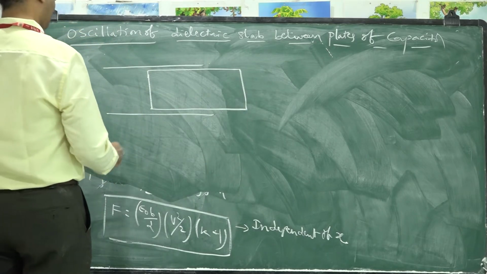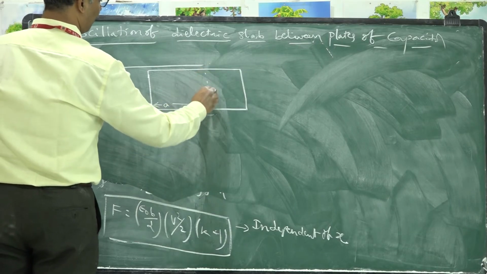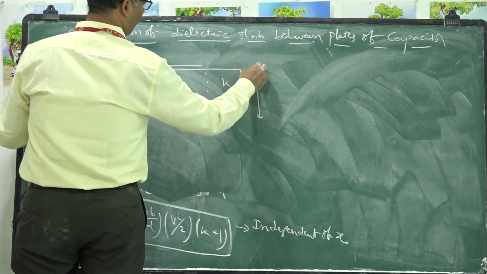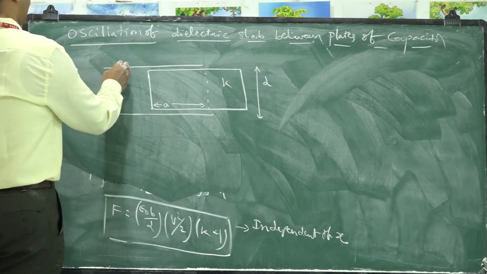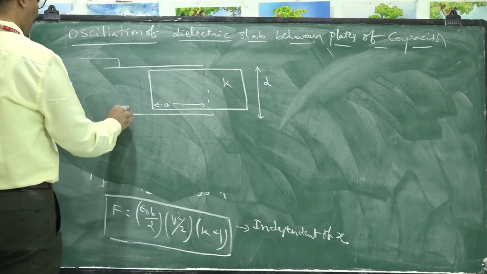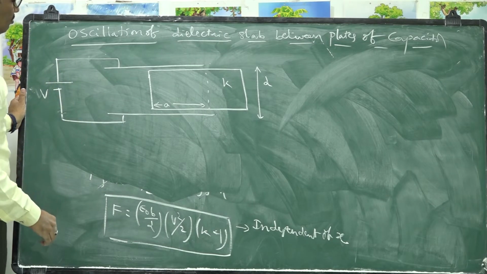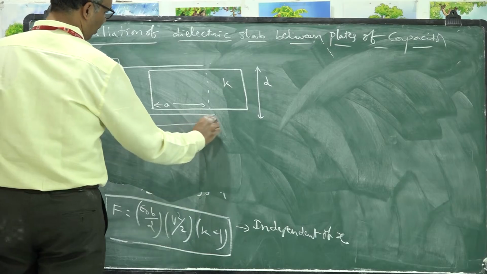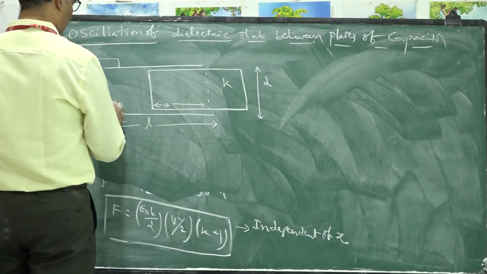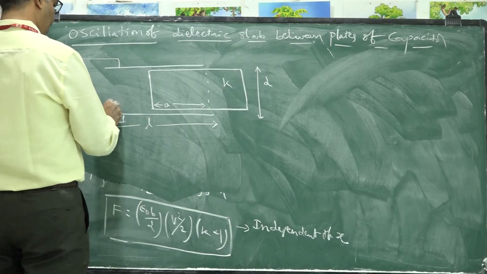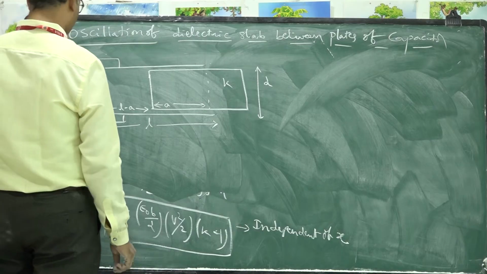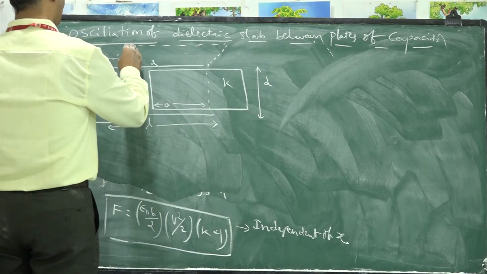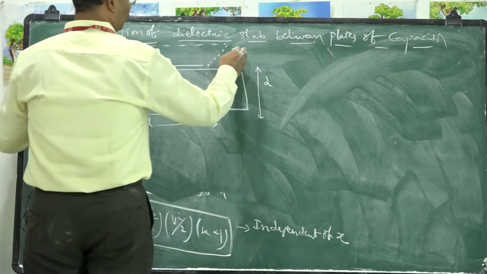The portion of the dielectric available inside the capacitor, let me take it as A. Its dielectric constant is K. The separation between the plates is D. And it is still connected to the battery of potential V. The length of the capacitor plate is L, so the remaining portion is L minus A. You can take the length as L, breadth as B. So this dielectric is also available in three dimensions.